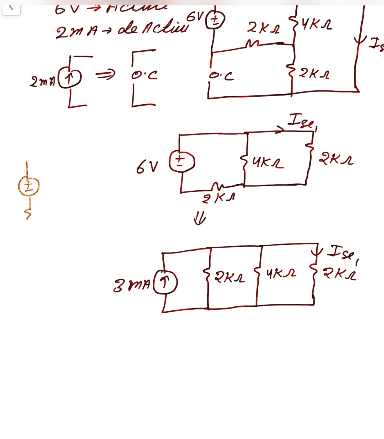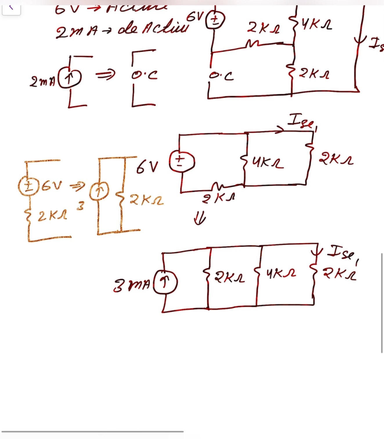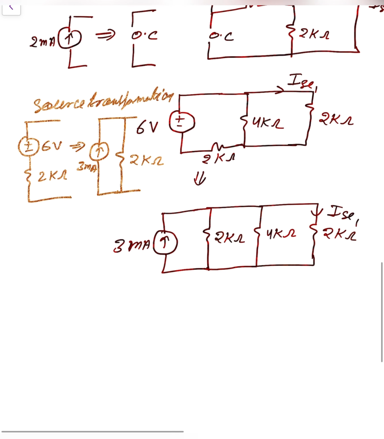The 6 volt source with 2 kilo ohm is converted into a current source with 2 kilo ohm, and 6 by 2 is 3 milliampere. That is source transformation. Clear?